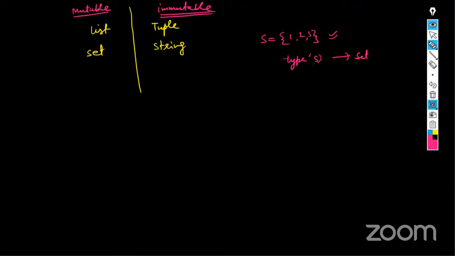In the same way, as I told you, let's say you write 1, 2, 1 only. Then when you try to print this S, the output will be maybe 1 and 2, or maybe 2 and 1. First of all, repetition is not allowed. That's why I have used the word unique. Second, unordered. Maybe in this order things get printed, or maybe in that order.